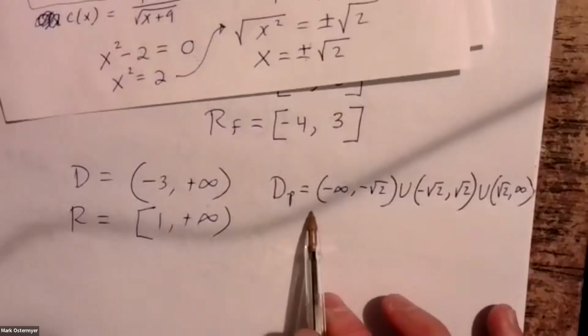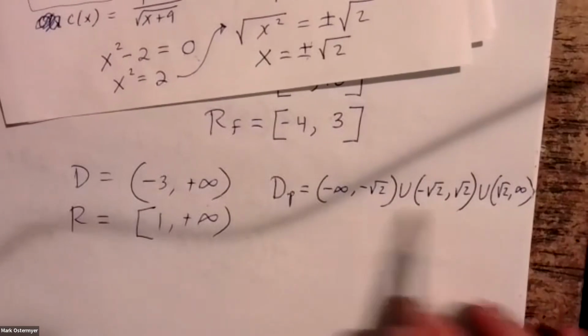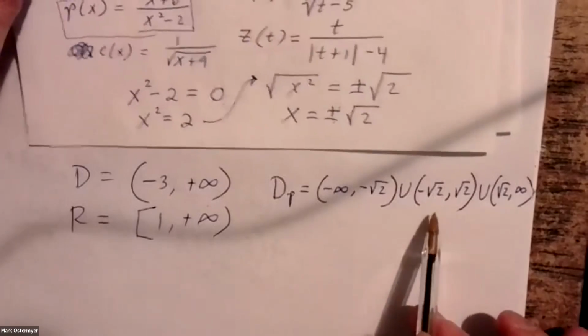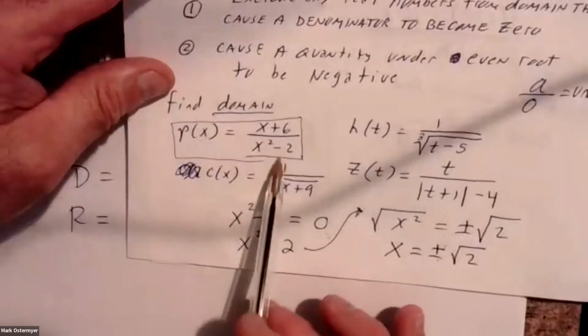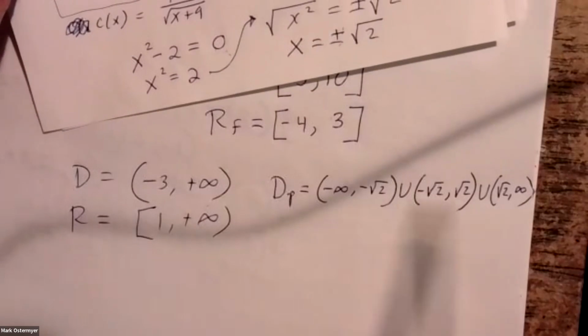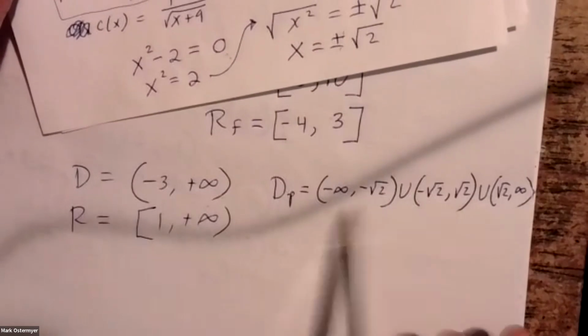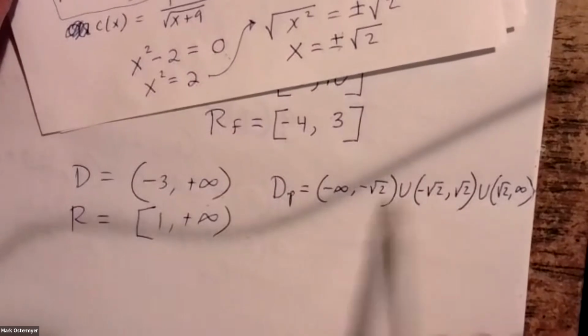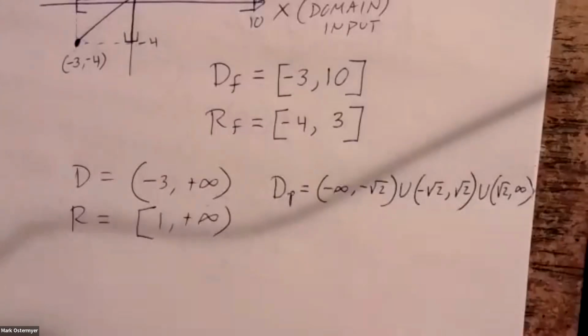That would be the formal interval notational way of saying the domain for this function p of x here would be all real numbers except positive or negative square root of 2. That's what this is saying. It's saying all real numbers except positive or negative square root of 2. Okay.